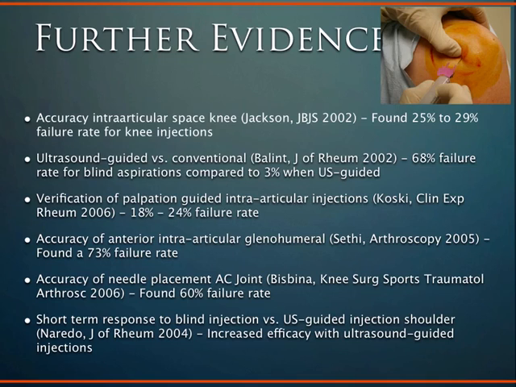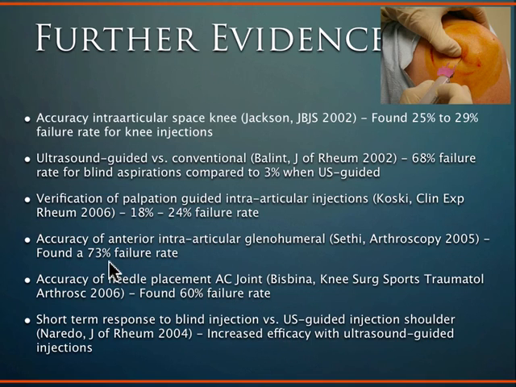And there's a lot of literature out there, and it's just growing, in terms of not only how inaccurate we are with our blind injections, and some of these numbers are staggering. Upwards of, if we come down to the bottom, a 60% failure rate, 73% failure rate.